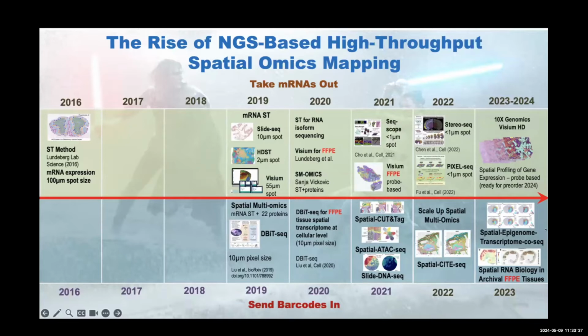So now I'm going to move to what we are working on in my laboratory. We are also interested in NGS-based spatial transcriptomics and spatial omics, broadly speaking, because that gives you unbiased global profiling capabilities, truly unbiased discovery power to look into mechanisms at the whole genome scale, genome-wide mechanistic study.